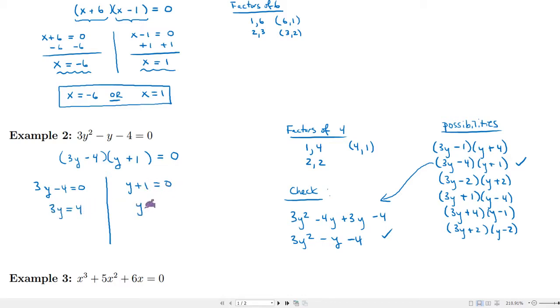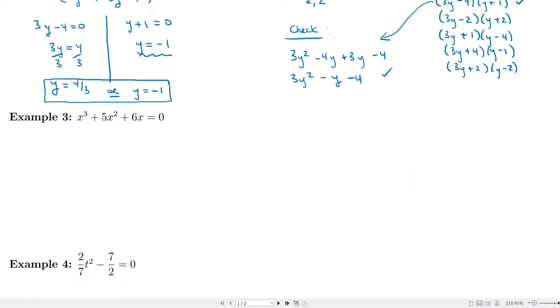Subtracting 1 gives us y equals minus 1. So that's one of the solutions. And the other one, we divide both sides by 3, and we have y is equal to 4/3, or y is equal to -1. And those are our solutions for this one.